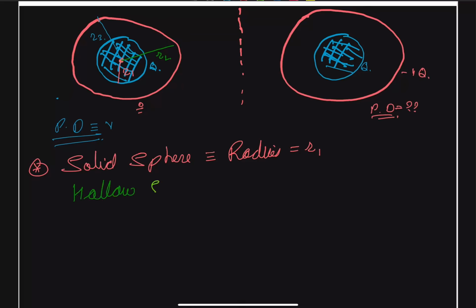In this hollow shell its inner radius is R2 and outer radius is R3. And this hollow shell is conducting.